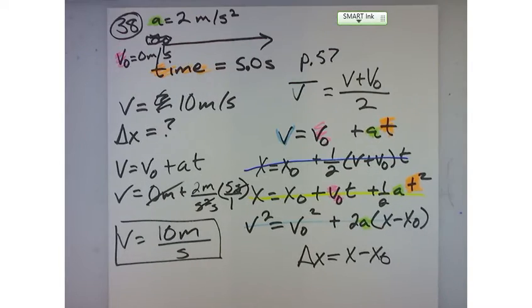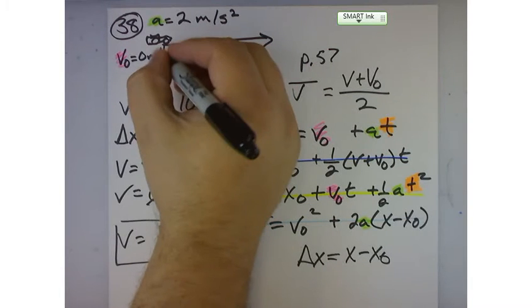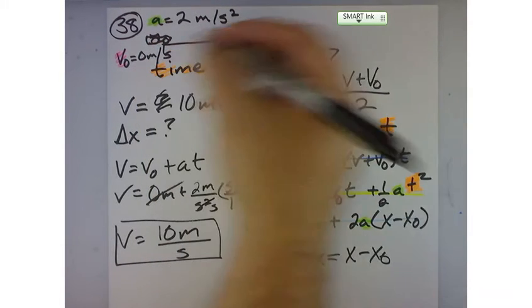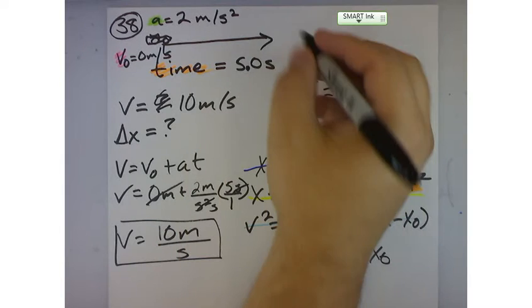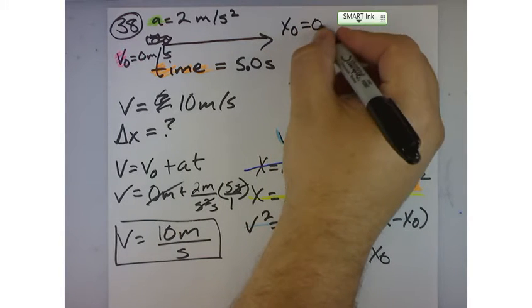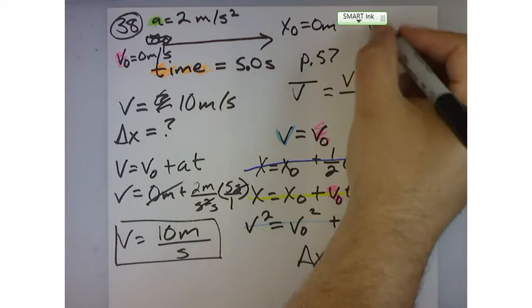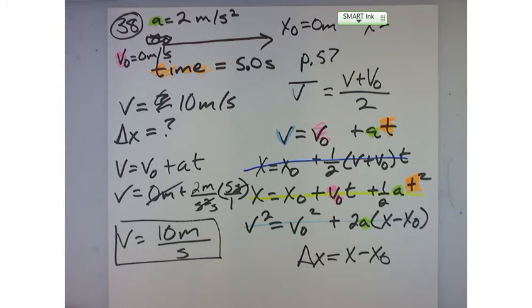And so here, if I let the initial position of where the car is, in other words, if I let x naught equal 0 meters, then the final position is actually going to be equal to the displacement, which is a little weird, but that's okay.